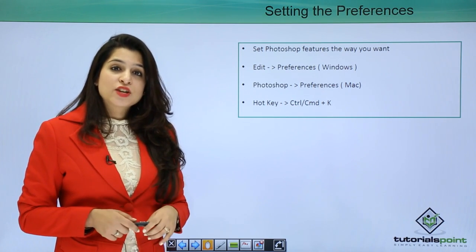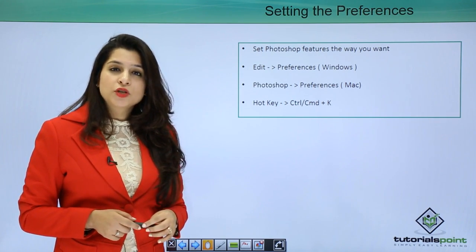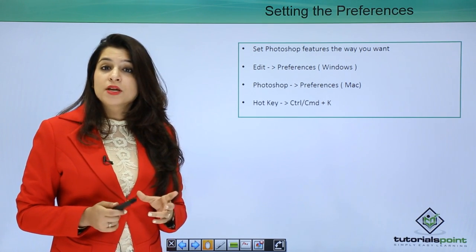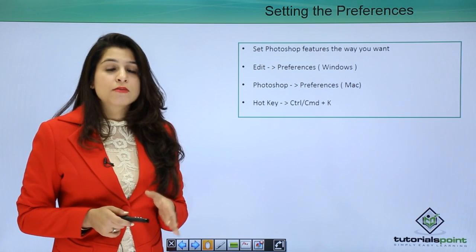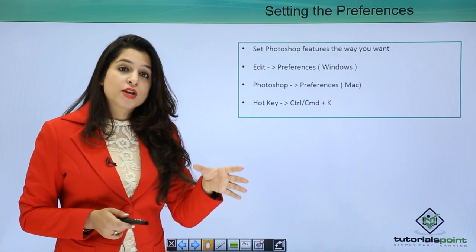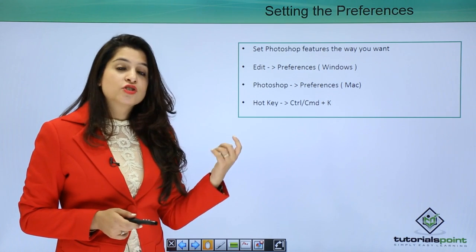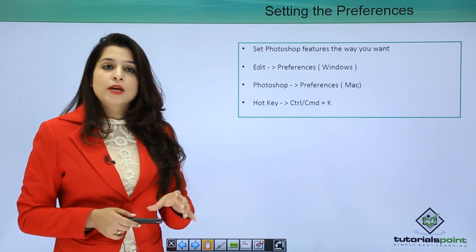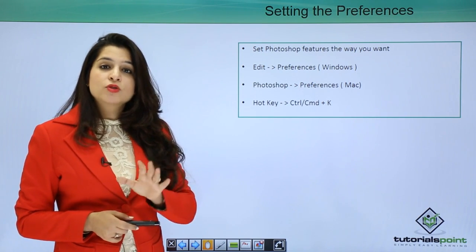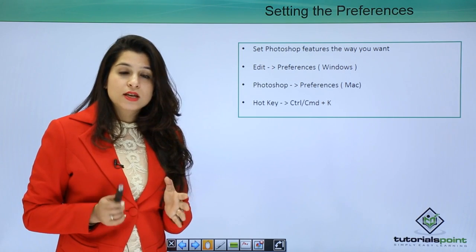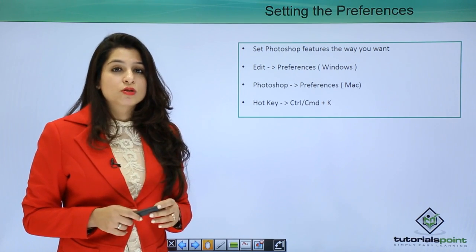Before we see how it happens, let me give you a brief idea. Photoshop being a heavy software, you may wish that most of your RAM is used only by Photoshop, so you can go into Preferences and change your RAM usage. Also, if you make a lot of changes and wish to go back, you can change the number of undo states that you want.